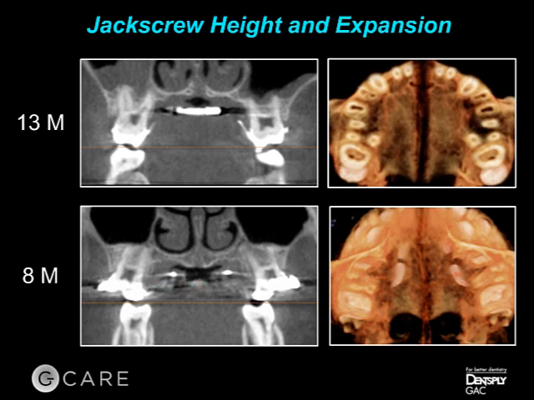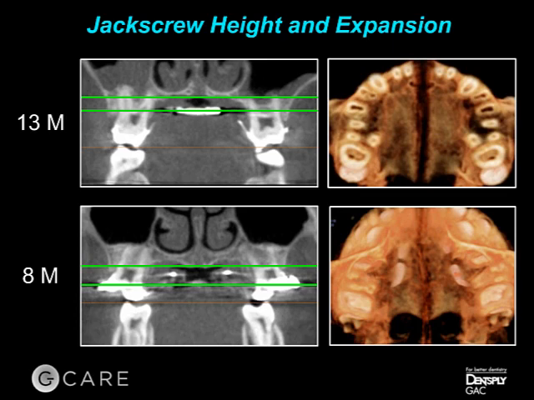Look at the sutural change of the 13-year-old versus the 8-year-old, and look at the dental tipping that happened in the 8-year-old versus the 13-year-old. This goes against conventional wisdom of expansion, which says you would think the 8-year-old would have more skeletal change versus dental tipping, and a very effective expansion. But that's not really the case.